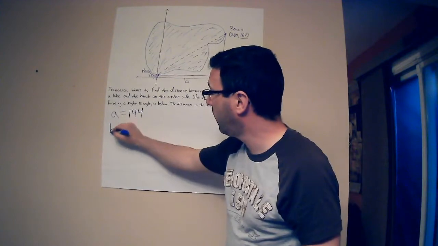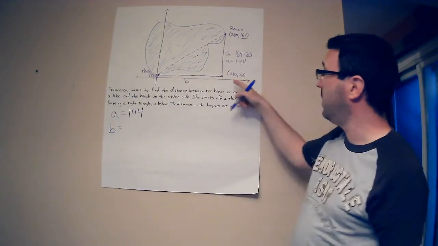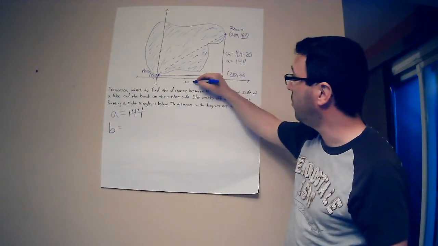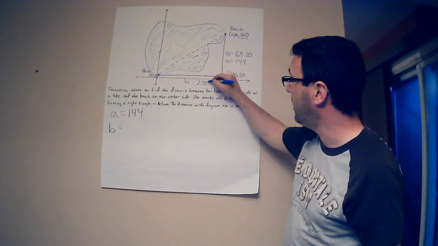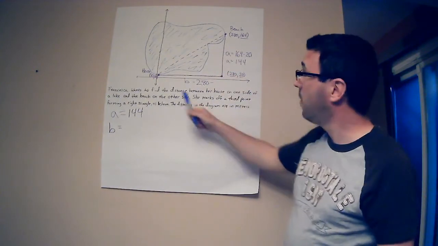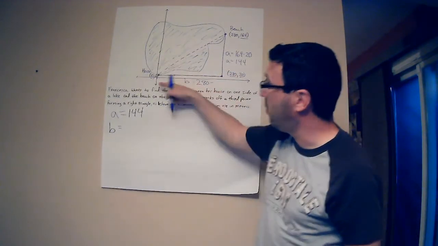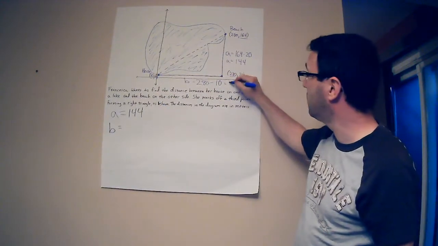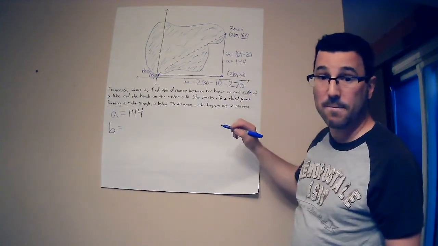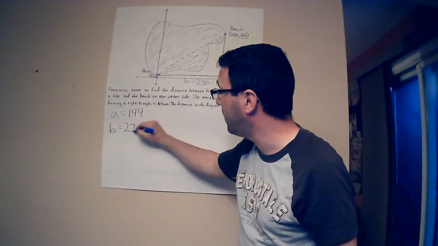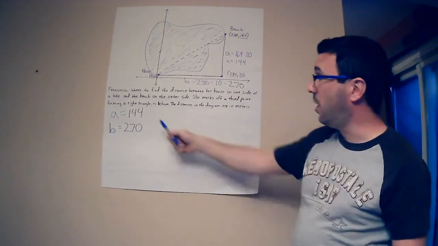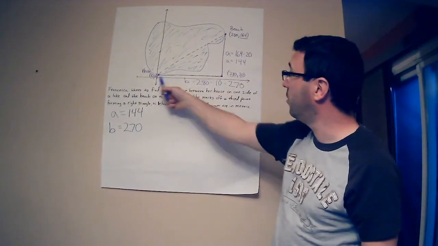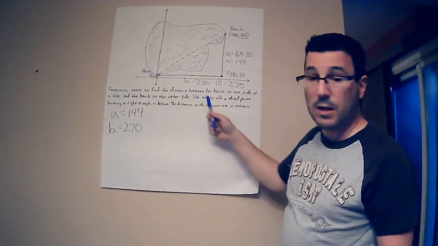B. All right, so B, the larger number is the 280 over here. So B is going to be 280 minus the x value over here, which is 10, which gives us 270. So B is 270. Okay, so 144 meters going vertical, 270 meters going left-right.